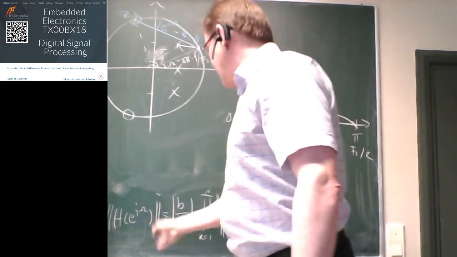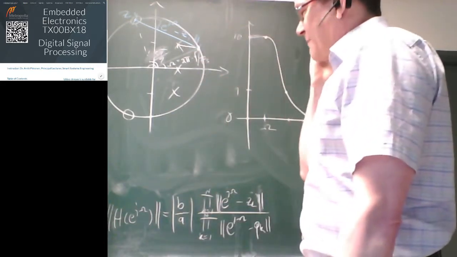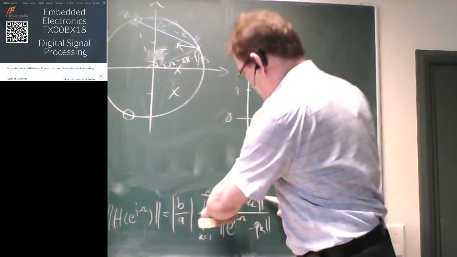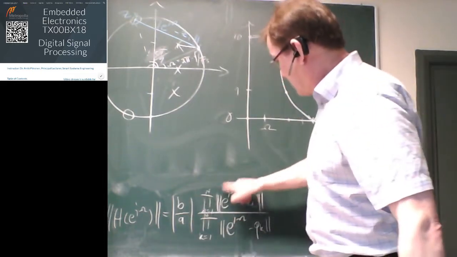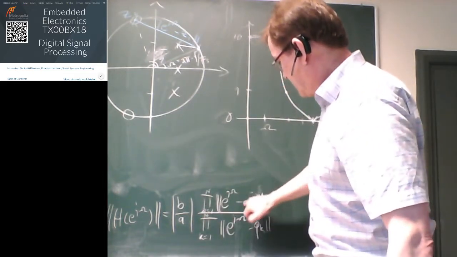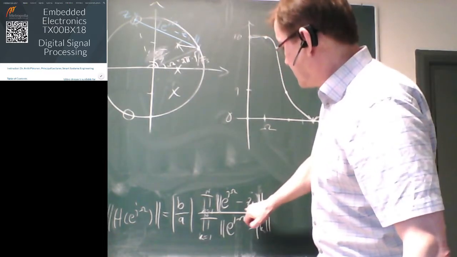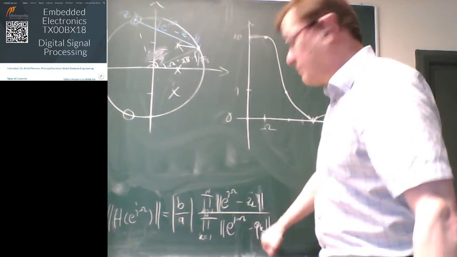If you take the absolute value of this one, you actually get the product of that point's distances to each of the zero locations, divided by the same point's distance to the pole locations.